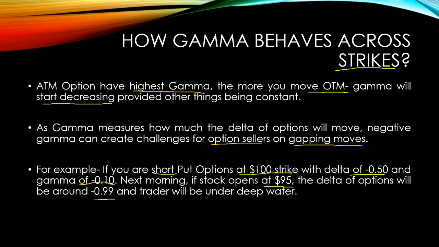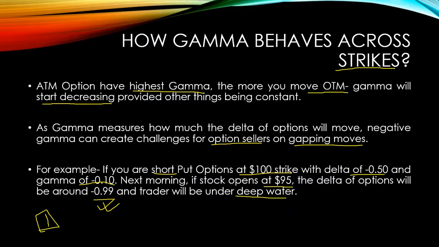Mathematically it will show a delta of 1, but in options generally a delta of 1 is not possible and it is shown as 0.99. It is almost 1, and the trader will be in deep water.